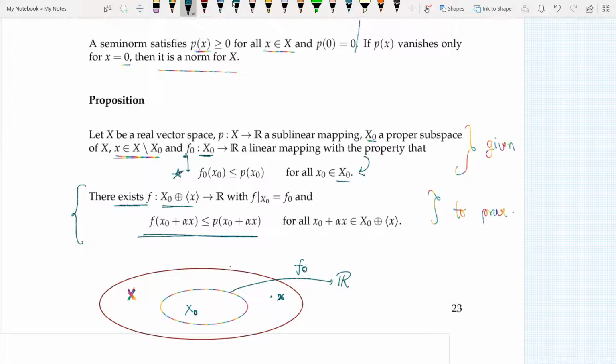So you give me any x which is not an element of capital X naught but an element of capital X. And now I'm saying that this functional takes my domain as this set and maps it to the real numbers such that this property holds, and as before this property holds. This is what I want to do, and let us see how we would proceed with the proof.